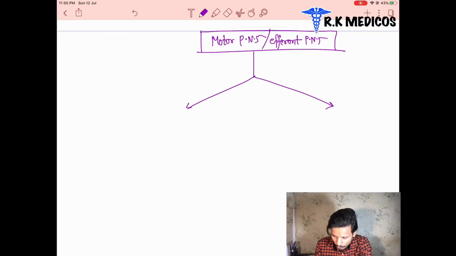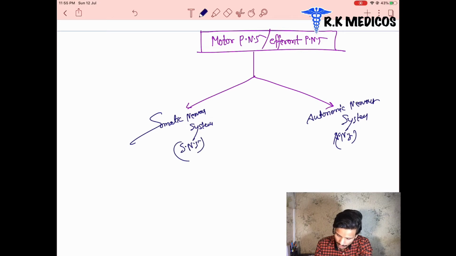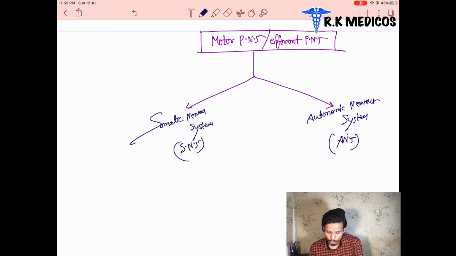One is called the somatic nervous system, and the other is called the autonomic nervous system, also called ANS, while the somatic one is called SNS. The ANS is the autonomic nervous system and SNS is the somatic nervous system.